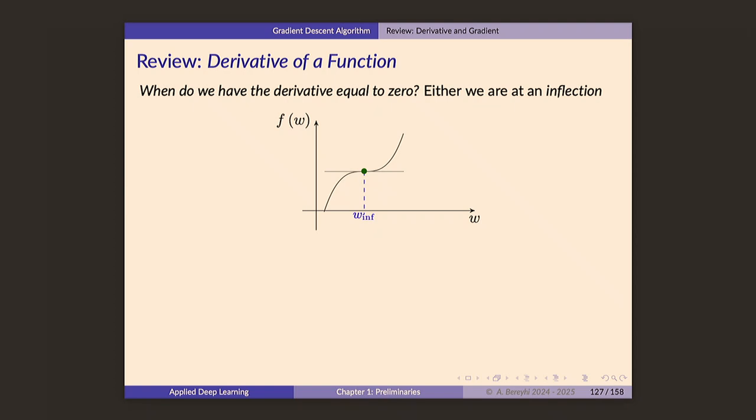So let's just look at this one. So say I have inflection point. So this is W inflection. And now, when I am before the inflection point, when I move forward, what's going to happen? It's positive, right? The gradient is going up, right? So, sorry, the function is going up, the gradient is positive. So I'm going to draw it like this. So it's going to get to 0.